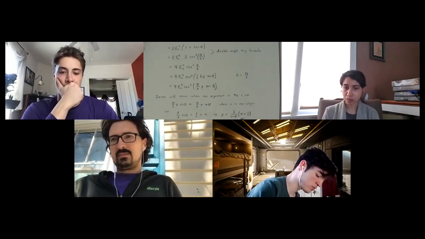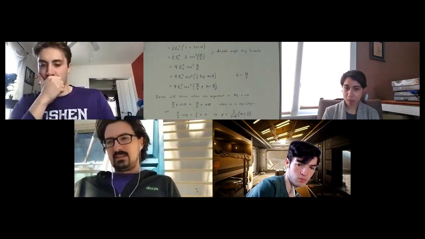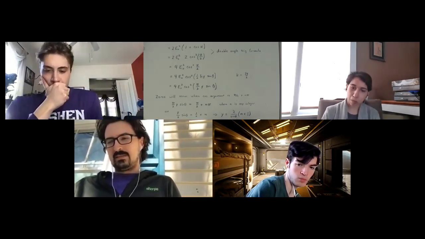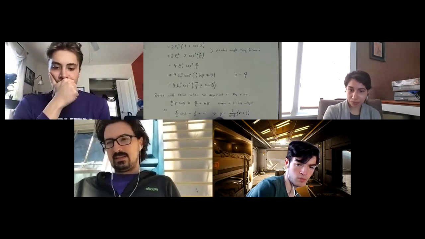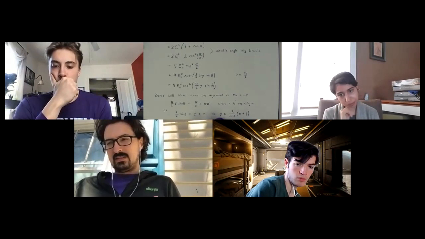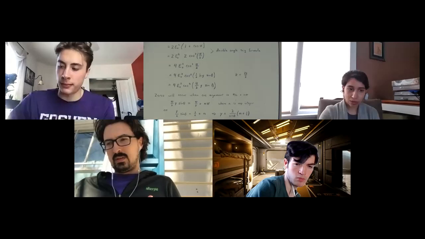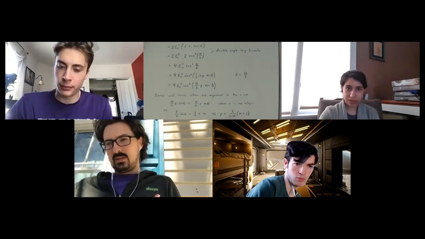Can you look in the formula and see what the separation is going to be? Is it clear what the delta y would be? It'd just be lambda over sine theta.